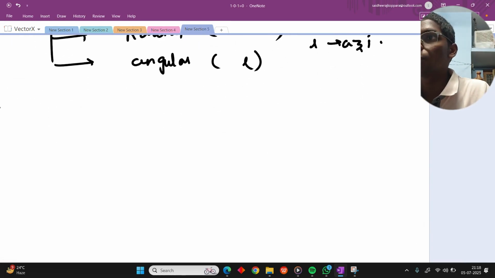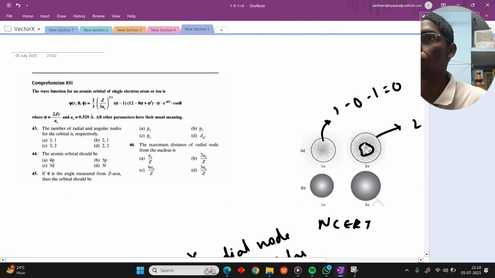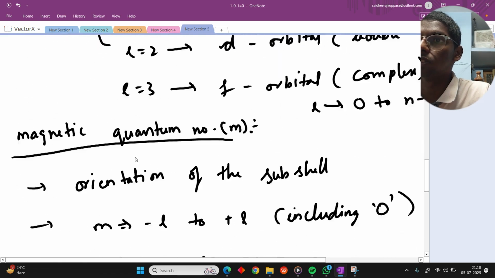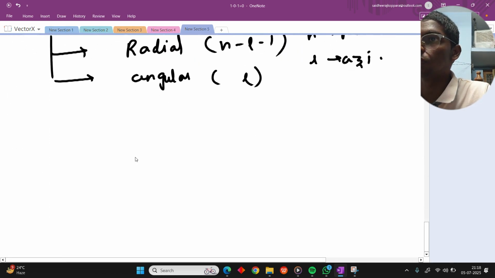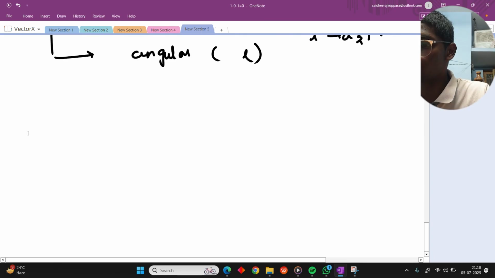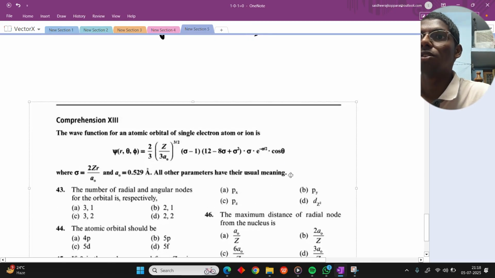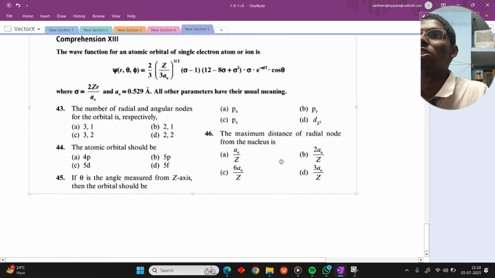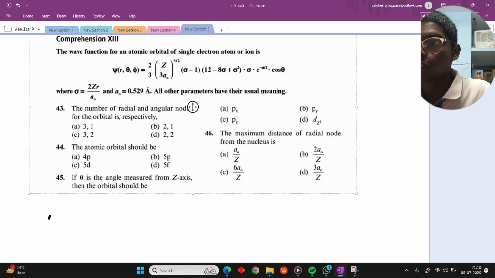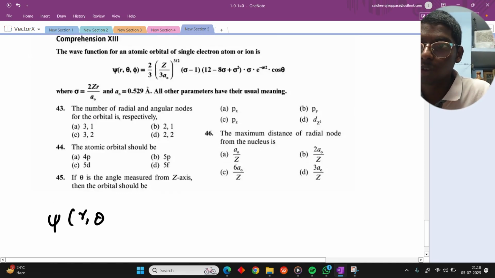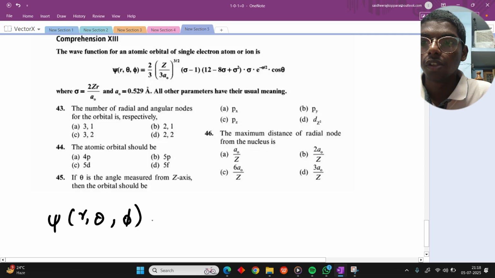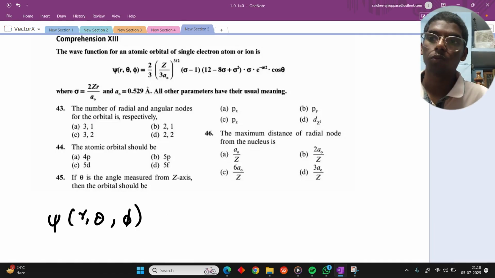While coming to the question, let me first copy this question. Here they are giving the wave function psi of r, theta, phi.